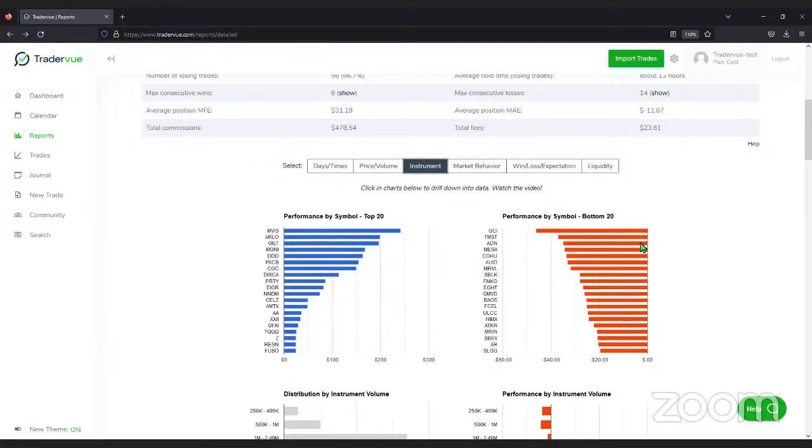That doesn't have to be 40 trades, because reviewing 40 trades is kind of like homework. But if you review at least your top 10 and bottom 10, that can give you a lot of valuable information on what's working and what is not working as well.